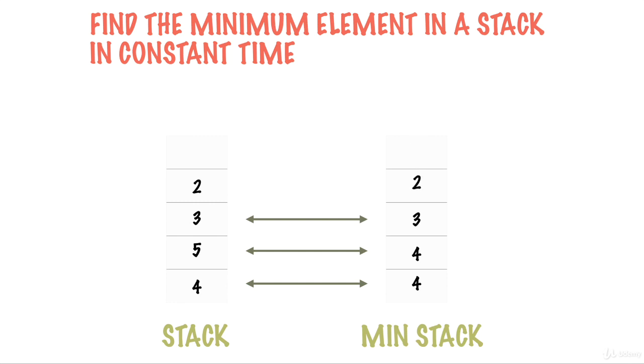If we add 2, then we add 2 to the min stack, just like before. Now let's say we added 9 to the original stack. This does not affect our minimum. It is still 2. See that we have a minimum value for every element in the original stack. Whatever operations we perform, if we perform it to both stacks, we'll always know what the minimum is. We've kept track of the minimum at every step.